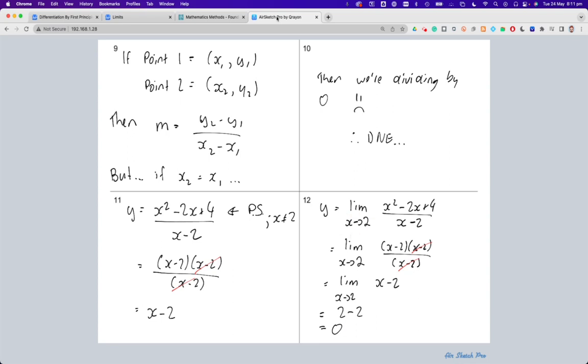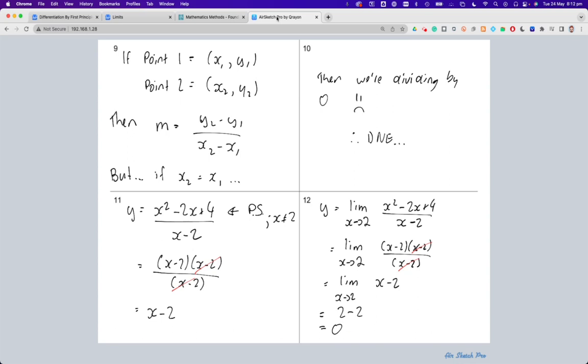So this is the complex conceptual difficulty, which, for all intents and purposes, it's okay if you don't quite get there. But what I'm doing is finding a value that the y function will approach as x gets closer and closer to 2, so that there's effectively no gap between the value of x, which is just approaching 2, and the value of y, which in this case is 0.